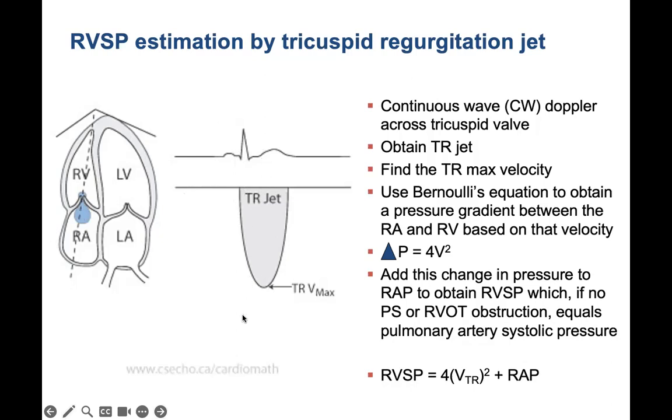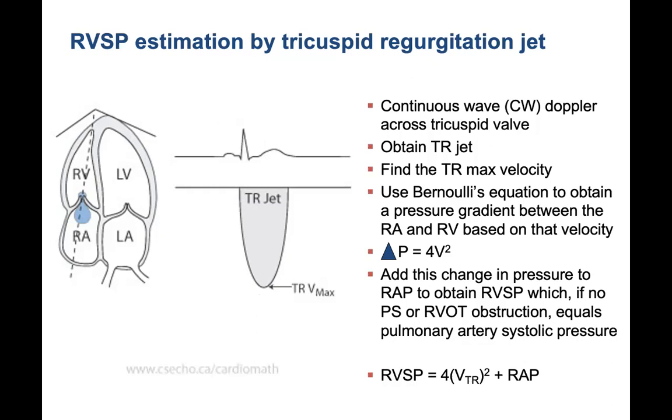And then when you get that max velocity, the computer will actually use Bernoulli's equation for you to obtain that pressure gradient between the right atrium and the right ventricle based on the velocity you found. So you would take your little cursor, you'd put it here at the max velocity, and the computer will tell you that change in pressure. And then you would add that change in pressure to the right atrial pressure.